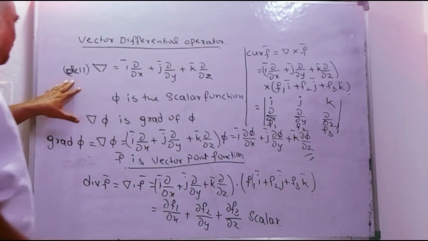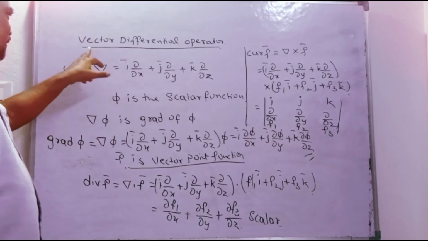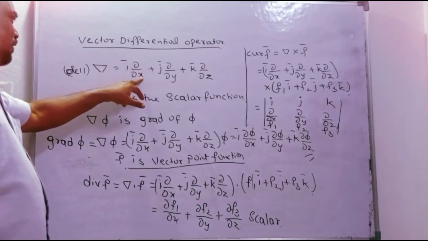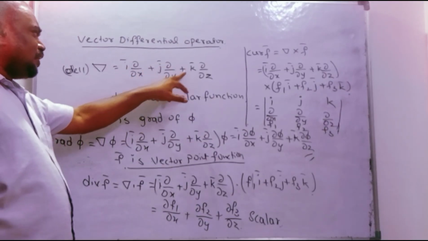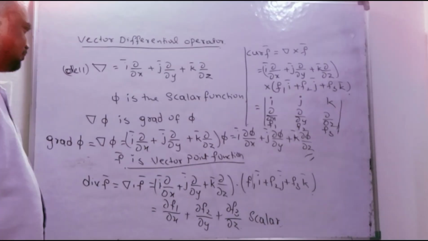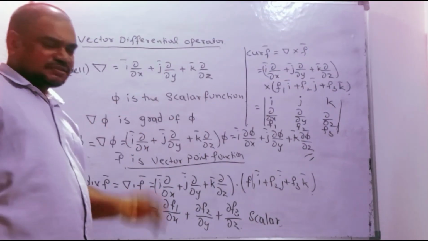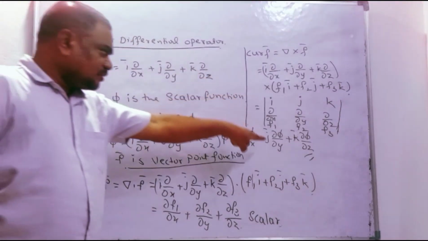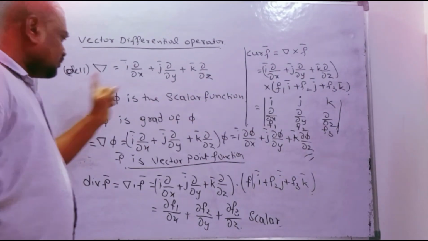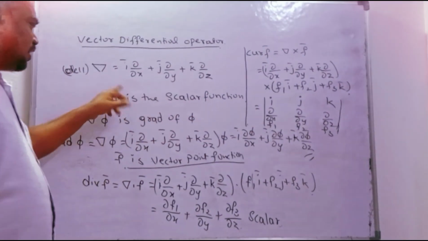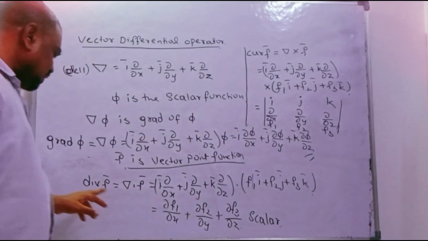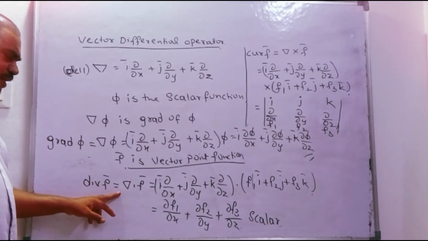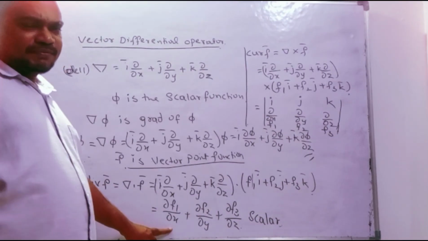Okay, here del is the vector differential operator, that is del: i dou by dou x plus j dou by dou y plus k bar dou by dou z. If phi is the scalar function, then we find grad phi. Grad phi is a vector function; you convert a scalar into a vector function. In case of div F bar, del dot F bar, this is the dot product, you will get the scalar function.